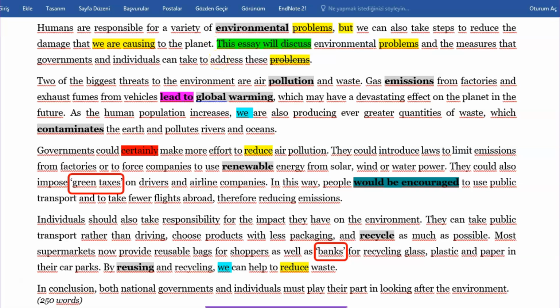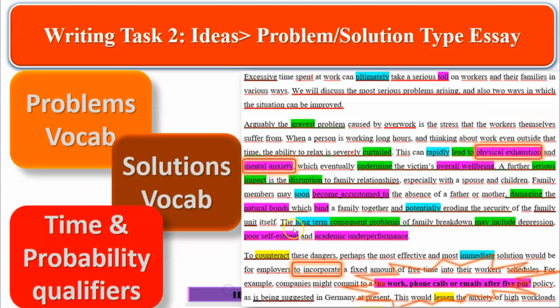avoiding personalism. That's why he or she says we are causing to the planet, correct way, right? Using impersonal style. This essay will discuss environmental instead of problems, let me talk about some tips here. In our previous videos, we explained this actually.